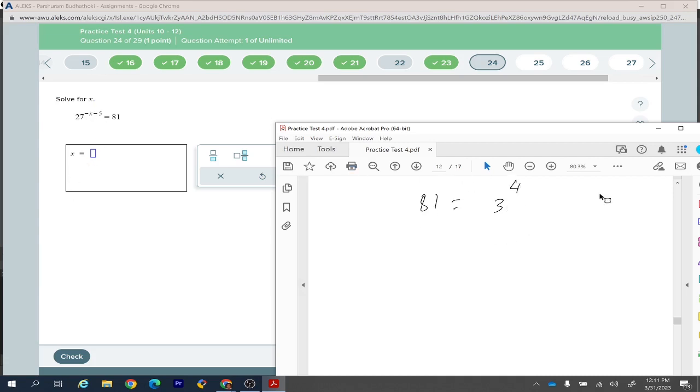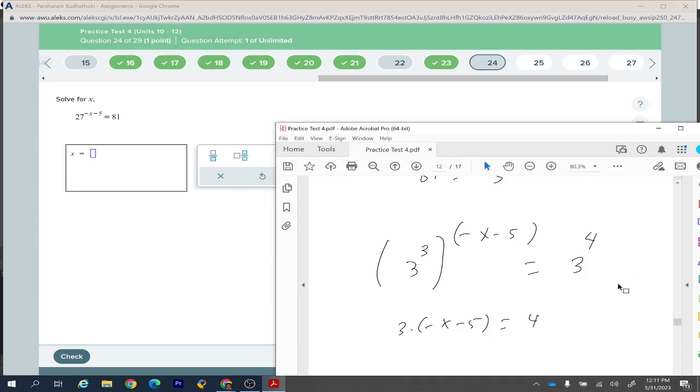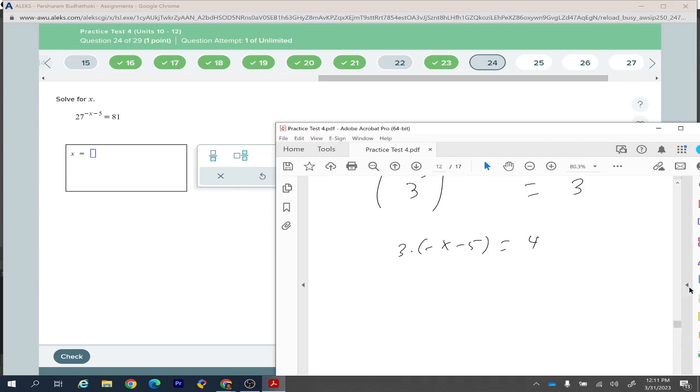So we can convert this problem as 3 to the power 3 to the power negative x minus 5, and 3 to the power 4. Because they have the same base 3 and 3, the exponents are equal: 3 times negative x minus 5 equals 4. So now just solve this one.